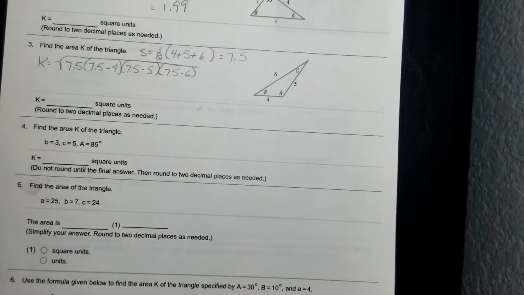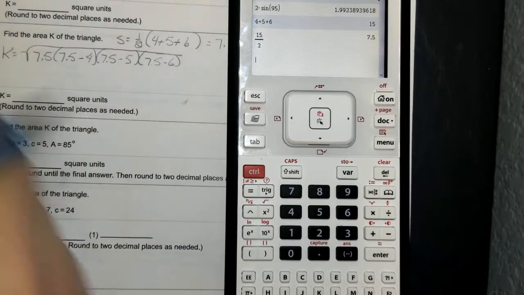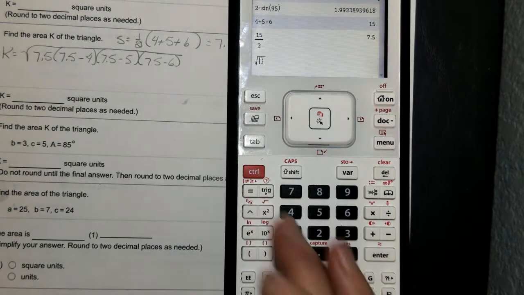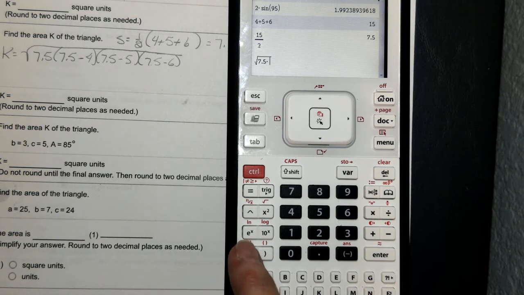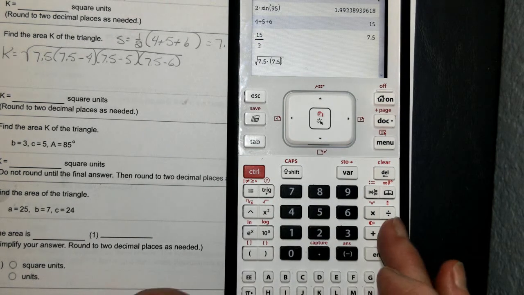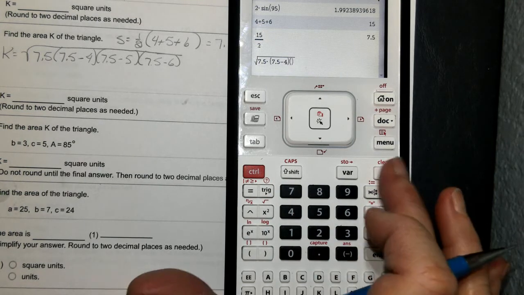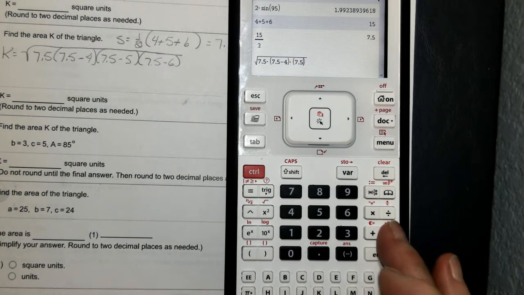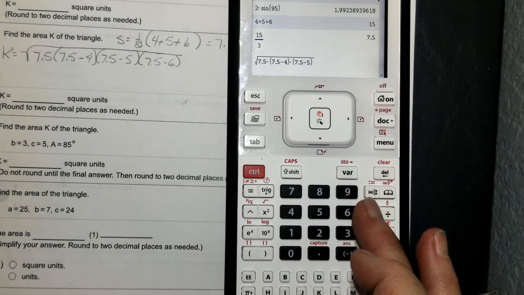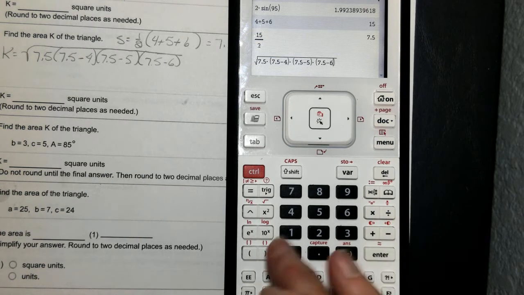All right, I'm going to do all of this in the calculator using my parentheses as best I can. So I'm going to go with square root of 7.5 times, open parentheses, 7.5 minus 4, close parentheses, times, parentheses, 7.5 minus 5, close parentheses, times, open, 7.5 minus 6, close.